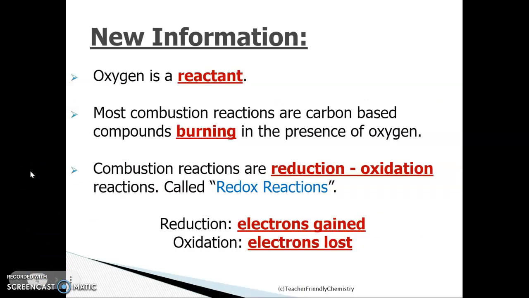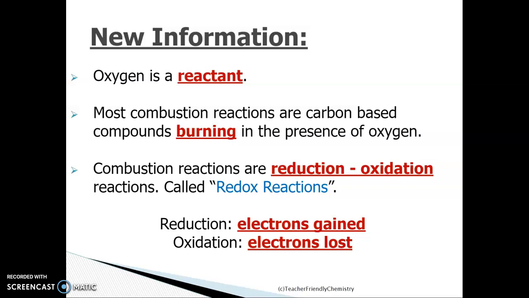So here is what we need to know. Oxidation reactions, they're also called redox reactions, or reduction-oxidation reactions. The way that we're going to be able to identify this is that the reactants and the products will always be the same. What I mean by that, it's easily identifiable because oxygen is always a reactant, meaning that O2 is always going to be on the left-hand side of the equation.